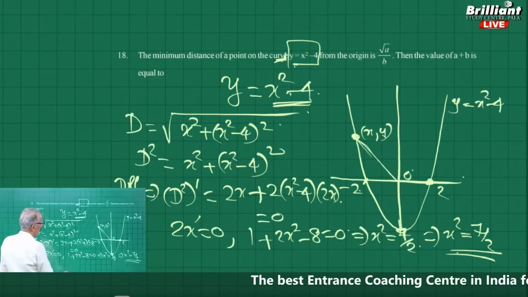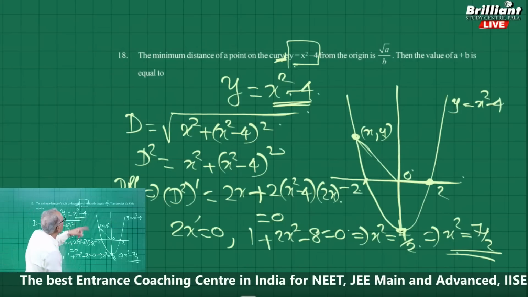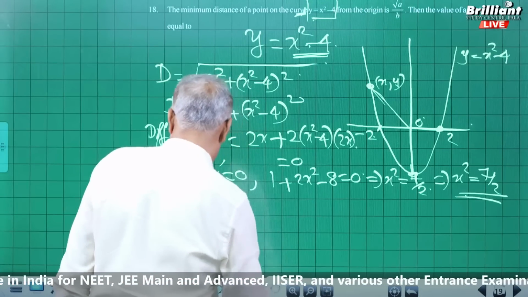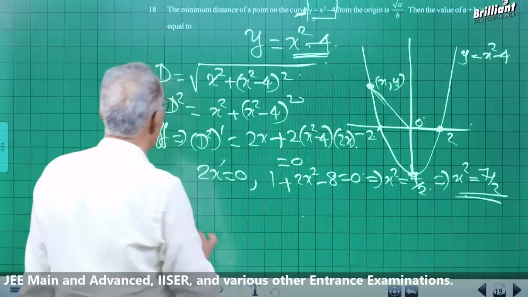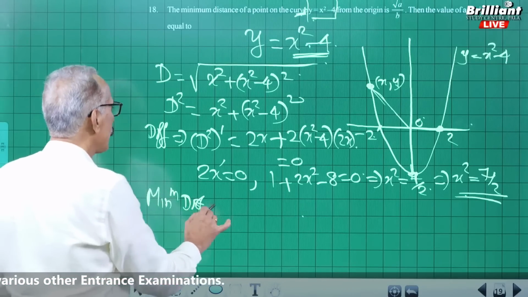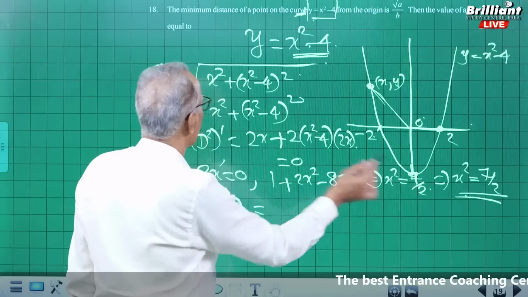So we have everything and you can easily find what you want. The minimum distance is root a by b. So what is the minimum distance? That is d minimum when x square is equal to 7 by 2.